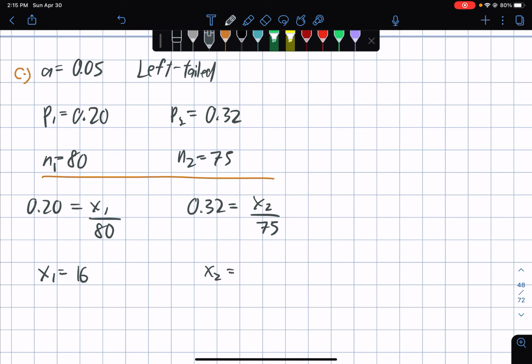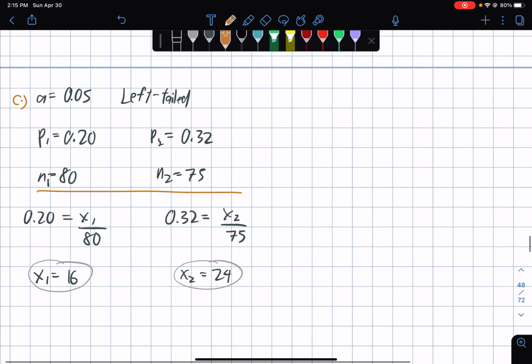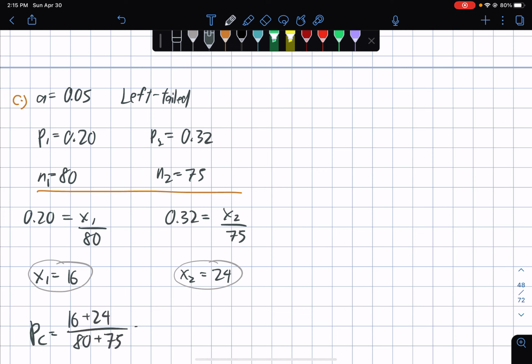X2, that's 75 times 0.32, that is 24. Now, let's look for PC. PC is x1 plus x2, so 16 plus 24, divided by n1 plus n2, 80 plus 75. So 0.258.